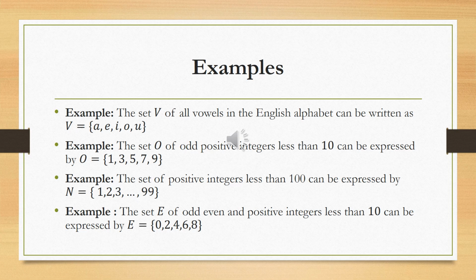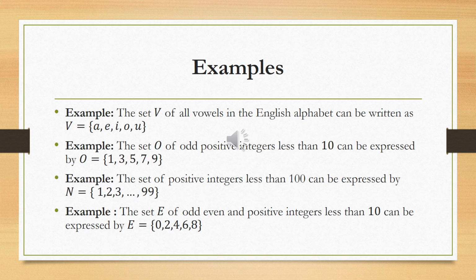Now we will discuss more examples of the roster method. We want to list the elements of a certain set in curly brackets. For example, you want to express the set of all vowels in the English alphabet, and we can write it as follows.